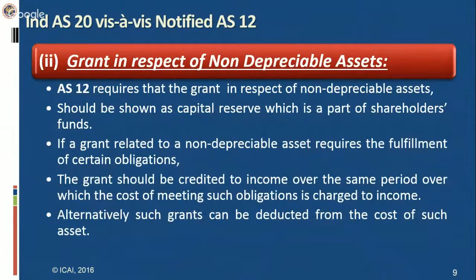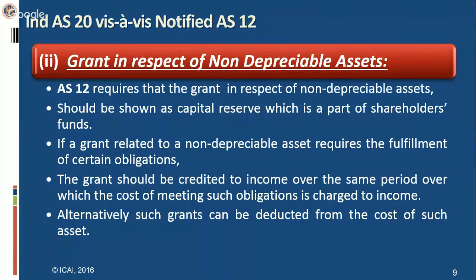The second difference is grant in respect of non-depreciable assets. As we already know, AS 12 requires that the grant in respect of non-depreciable assets should be shown as capital reserve, which is part of shareholders fund.